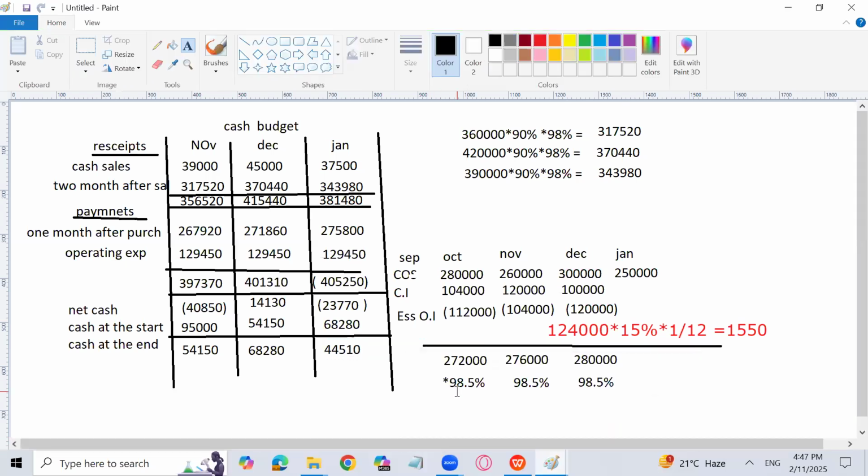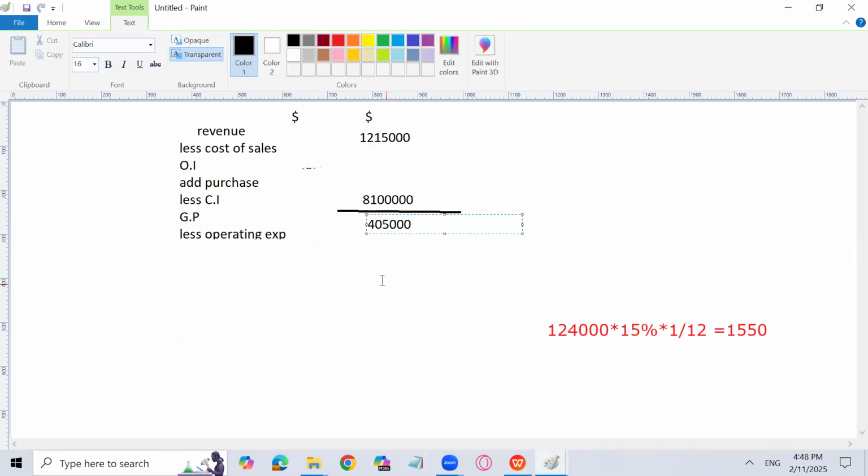Either you can do it separately one by one, or add 272,000 plus 276,000 plus 280,000 and multiply by 1.5%. But the better way is that you should have calculated it separately earlier.